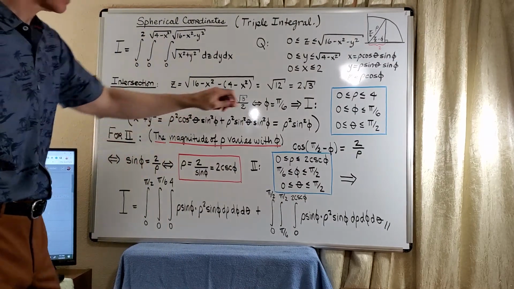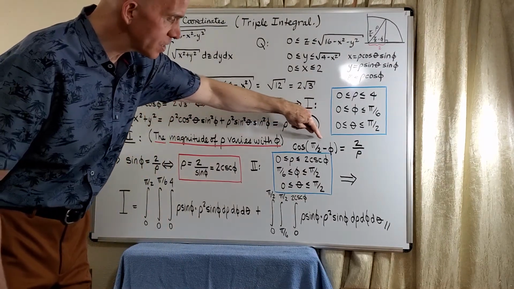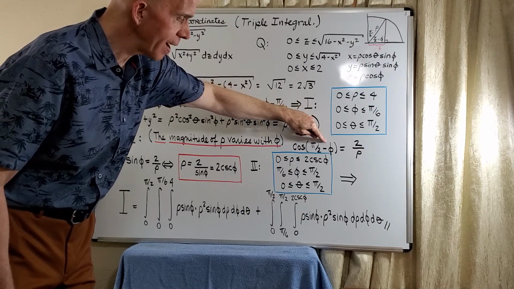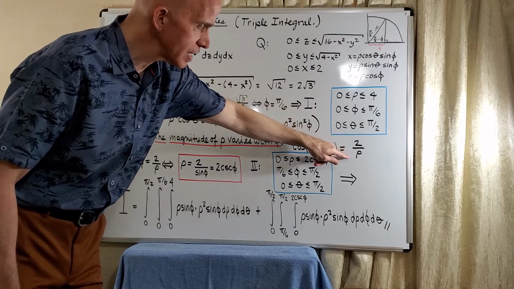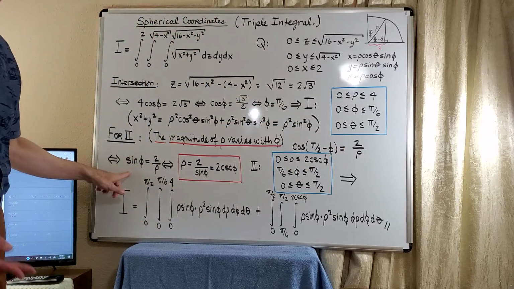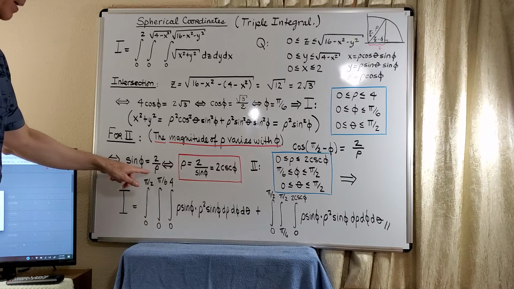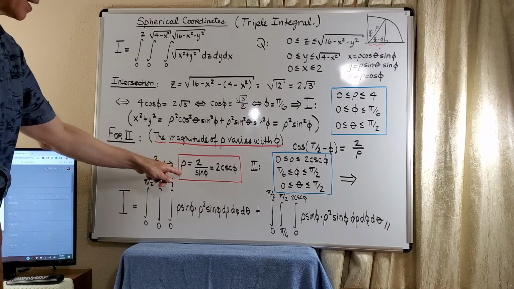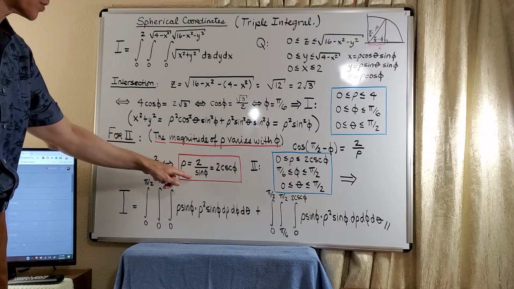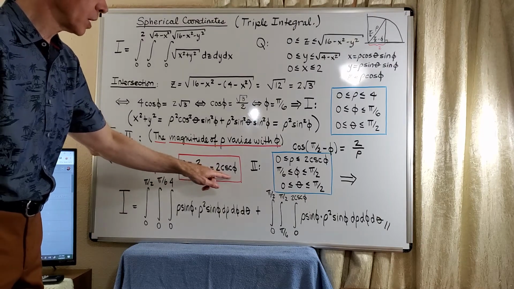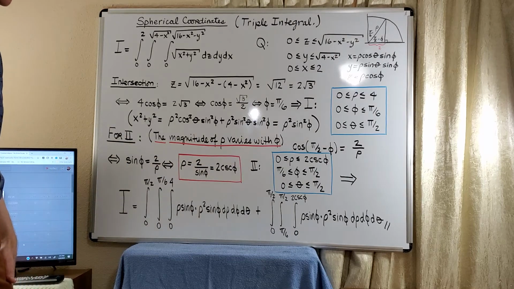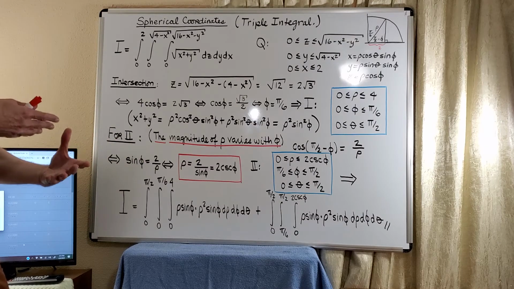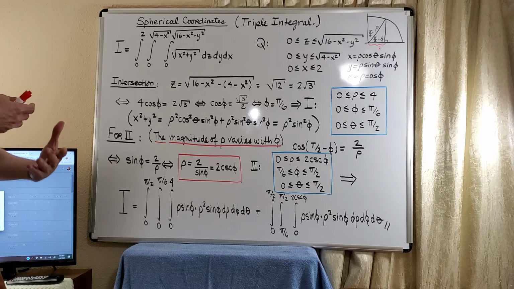This is just the cofunction identity: cosine of pi over 2 minus phi is just sine of phi, and this equals 2 over rho, so we're using our pre-calculus. Sine phi equals 2 over rho, and just interchanging the rho and the sine phi, you get rho equal to 2 over sine phi, or obviously 2 cosecant phi. So that gives us the extra punch that we need for this particular part of our integration region.